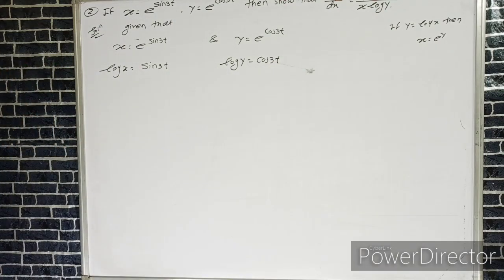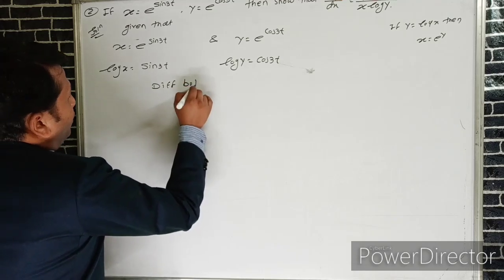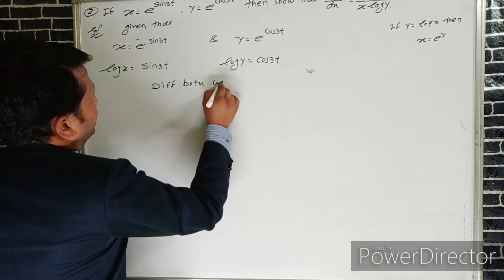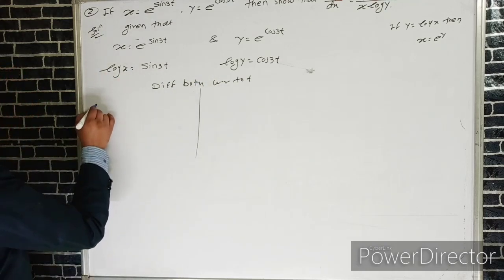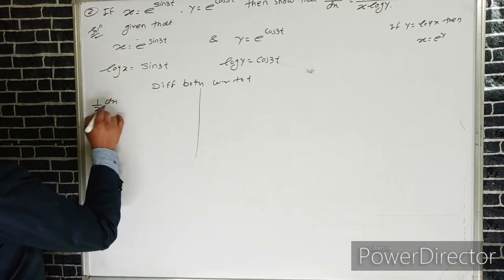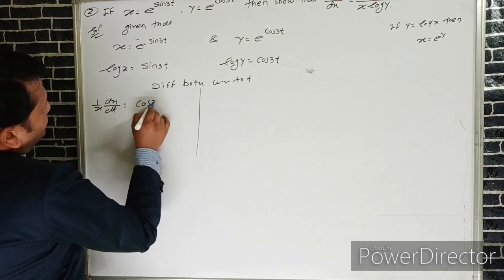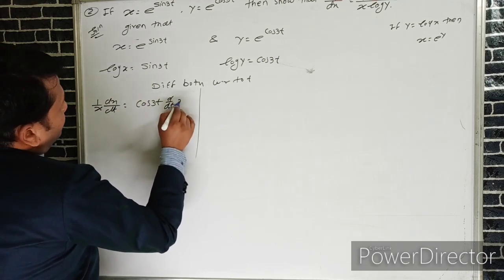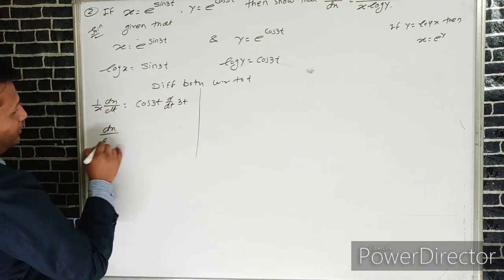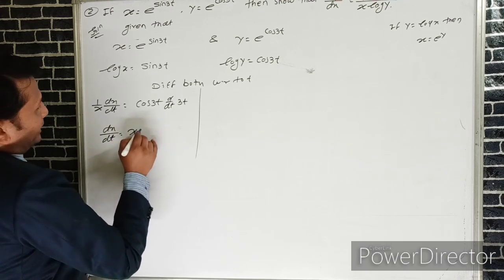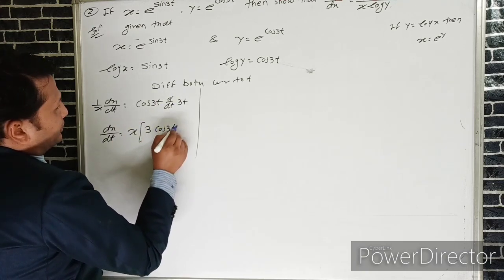Now, if we differentiate both with respect to t, we can write derivative of log x is 1 by x dx upon dt. Derivative of sin 3t is cos 3t into again the derivative of 3t. If we shift this x to the right side, we can write dx upon dt is equal to x into the derivative of 3t, which is 3 cos 3t.